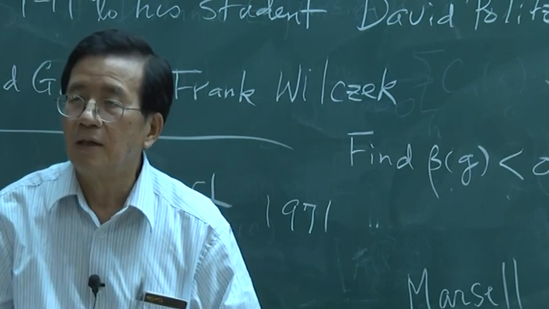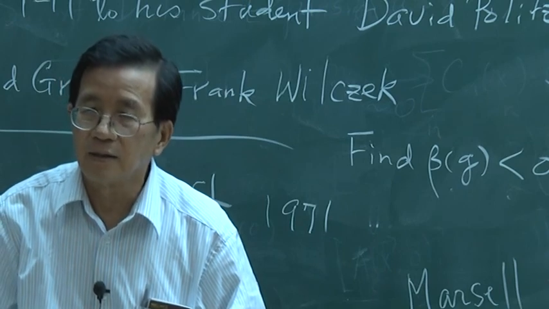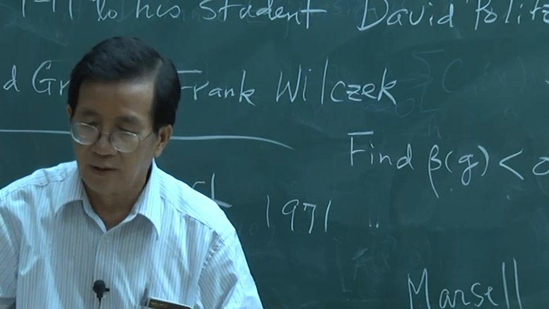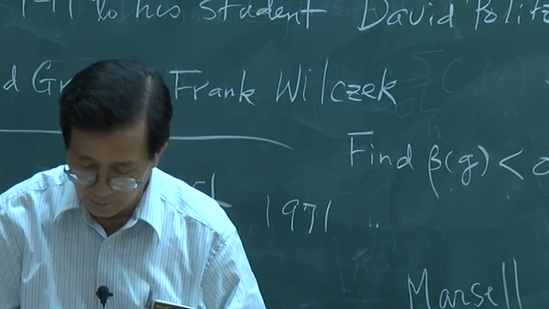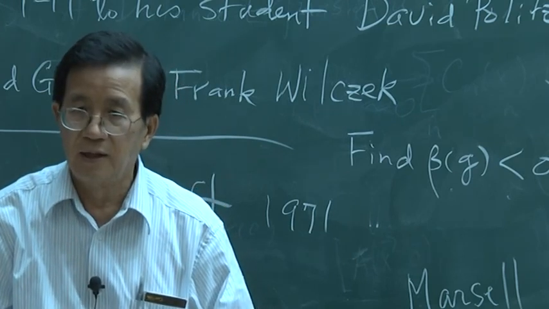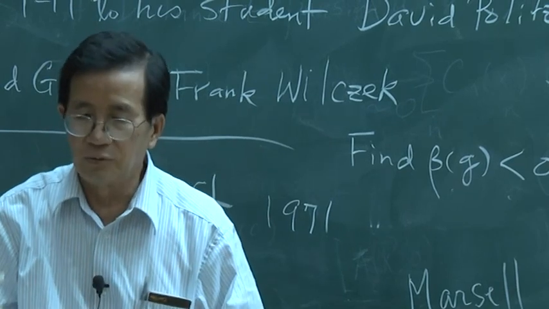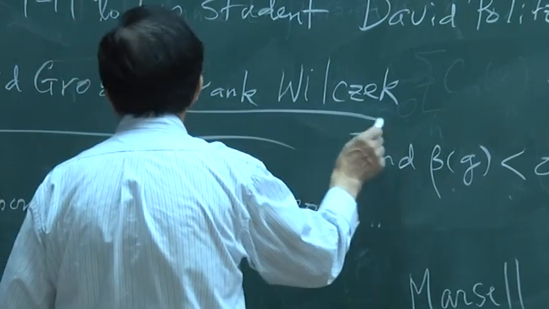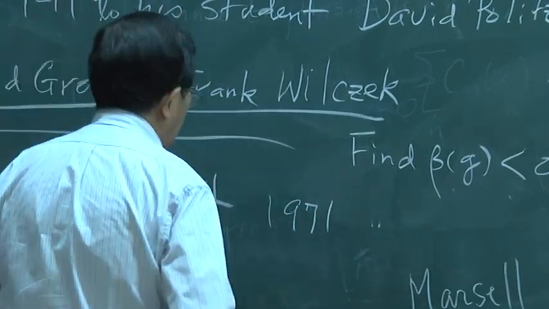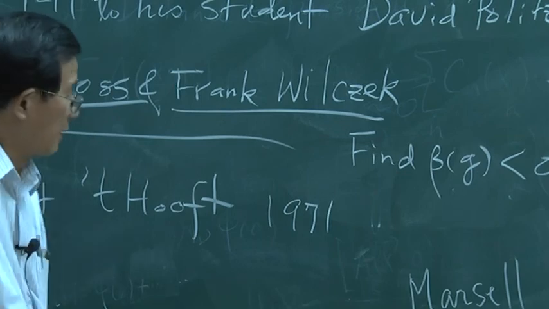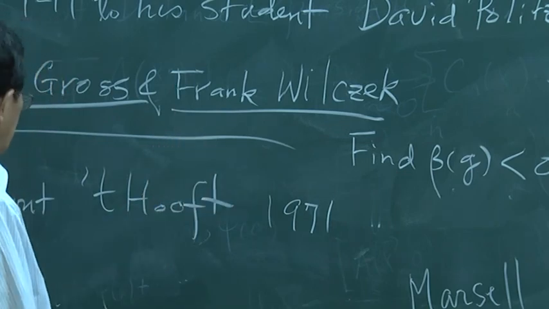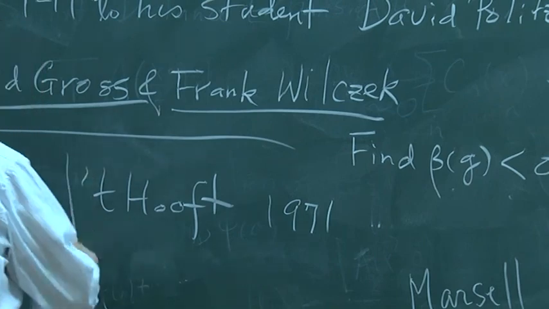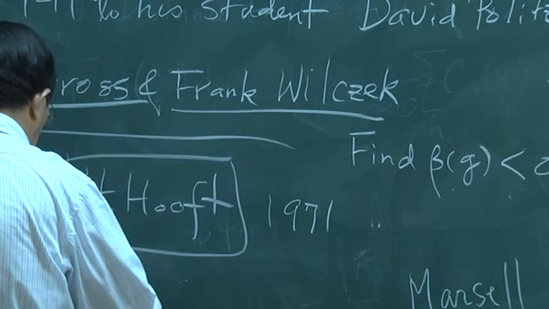And then, of course, in 1999, 't Hooft and Veltman got a Nobel Prize for their work on renormalization of the weak interactions. And so, in 2004, the 3 people got a Nobel Prize. Now, I want you to pay attention. At that time, 't Hooft was a graduate student.